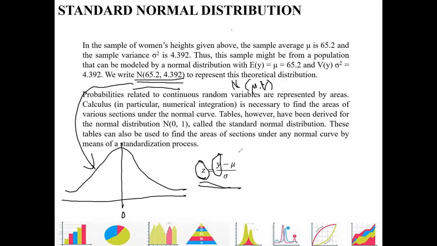And how do we get the standard deviation? Standard deviation is the square root of the variance. So kung yung variance mo dito na value, i-square root mo lang siya, you will get the standard deviation.